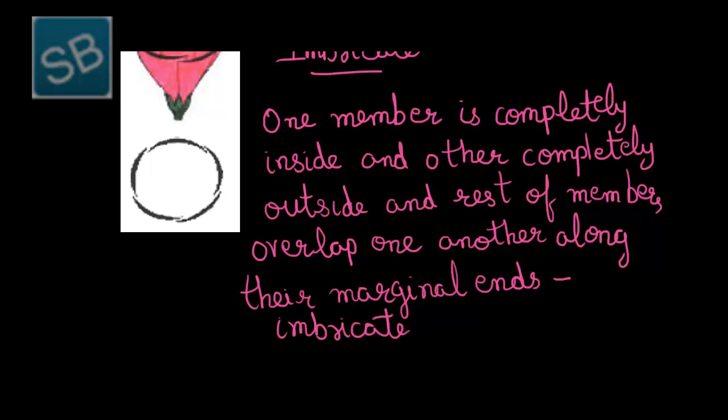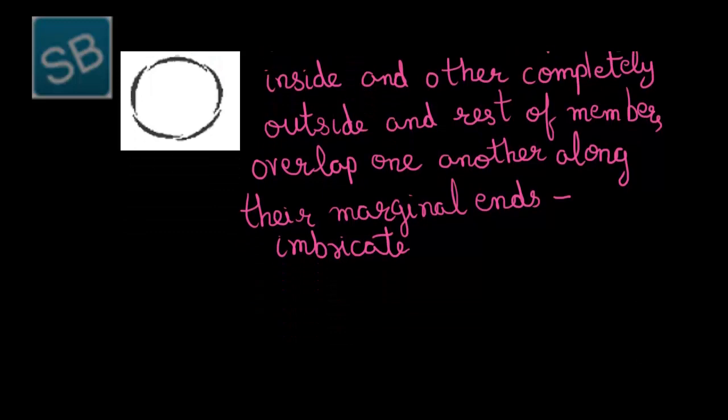Example of such a type of aestivation is gulmohar, the common name of a flower whose scientific name is Delonix.